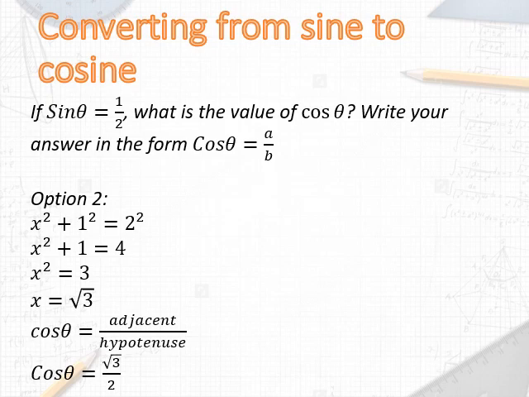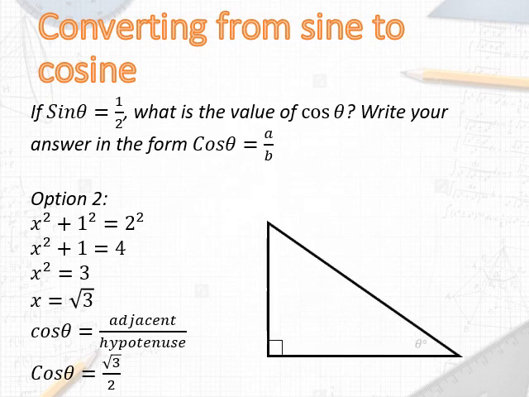All right, so in option 2, we got our triangle. We fill in the sides we know. So if theta is down here, opposite is 1, hypotenuse is 2, and then we're going to solve for x. So you know two of the sides, and remember it's not the hypotenuse, so it's going to be 2 going out here in the C position.